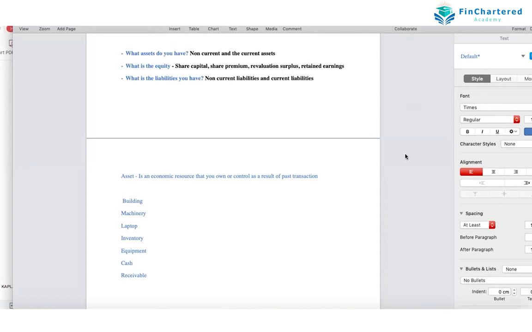Do you buy a building to sell it in 1 day? No, a building is an asset that you intend to keep for a long period of time. Machinery also. When you buy machines, you will not say, okay, in 4 hours I'll sell this. No, this is an asset which you intend to keep maybe 2 years, 3 years, 4 years, 5 years. It's an asset that you intend to keep for a long time.